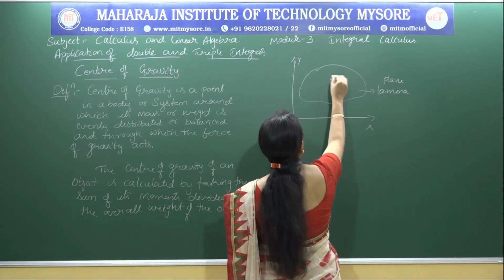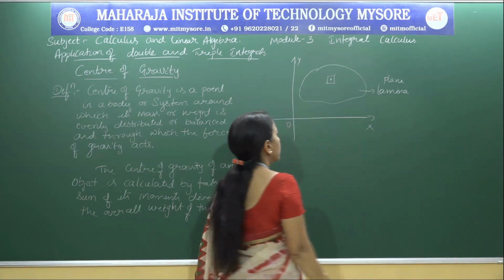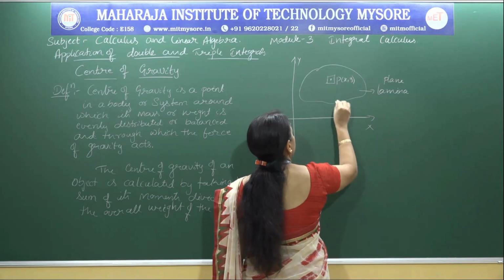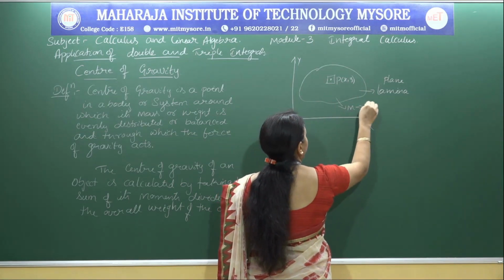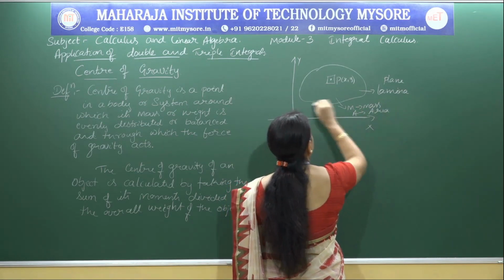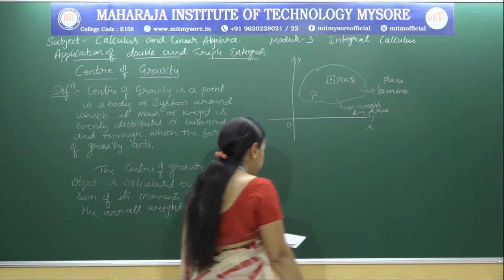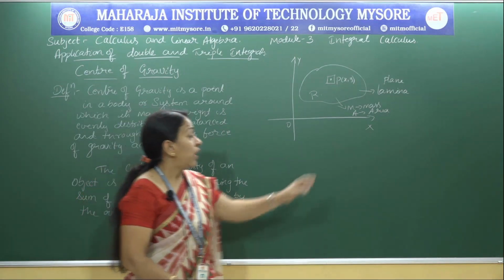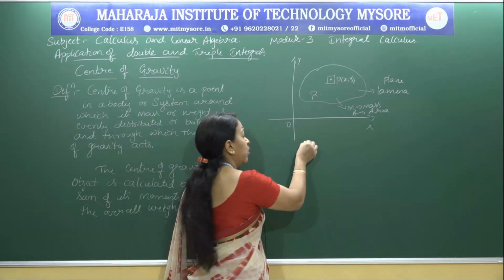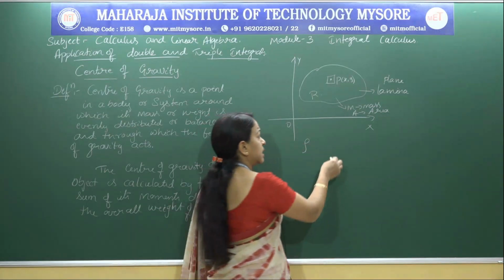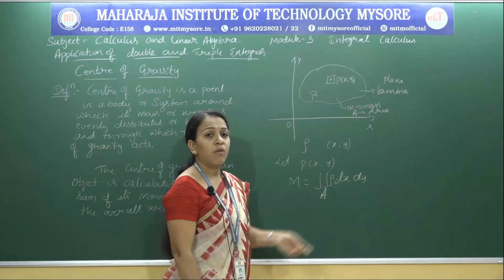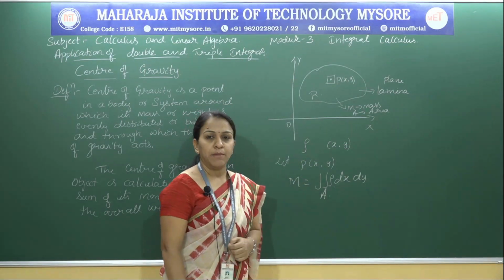In this, if I consider a point P of x comma y, there is a mass m, and A is the area, and this is our region R. So let A be the area of a plane lamina having a density rho, a function of two variables x and y. Let P of x comma y be any point on the plane lamina.